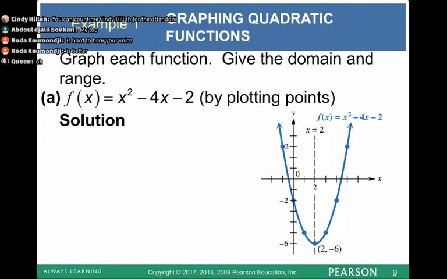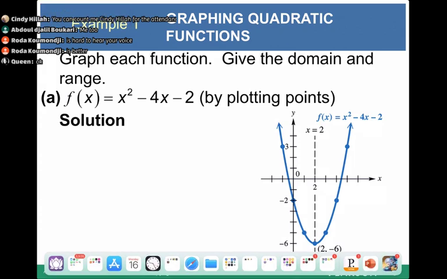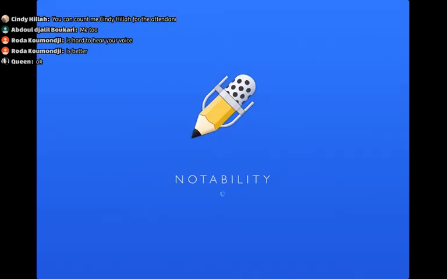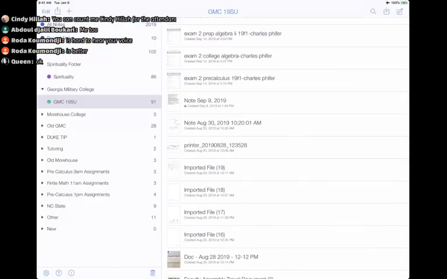Okay, I think I want to do a quick demo on completing the square. And actually what I think I'm going to use, well, I can do it here. Actually, I'd rather use this one. I'm just so used to using Notability. It works really well for me.